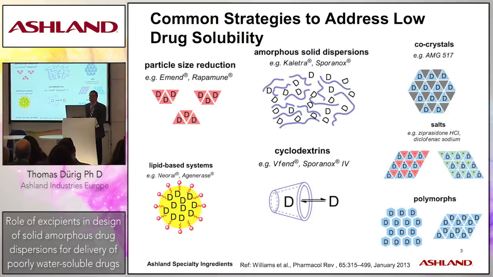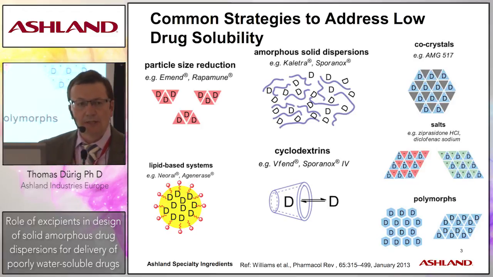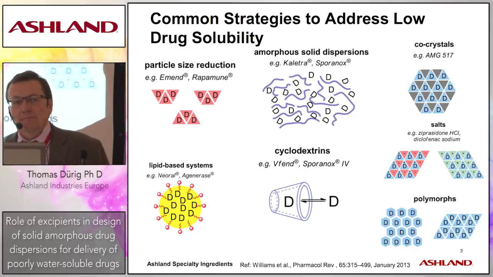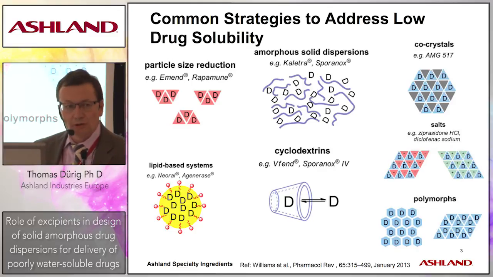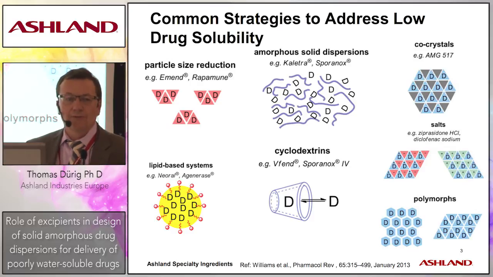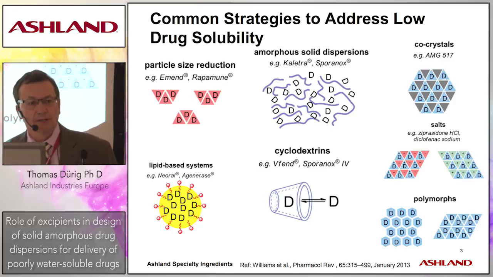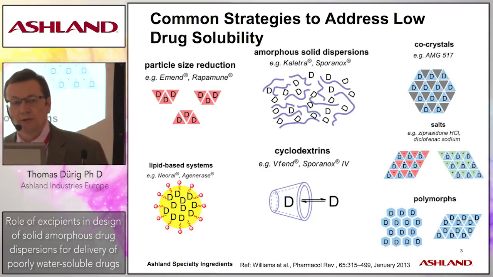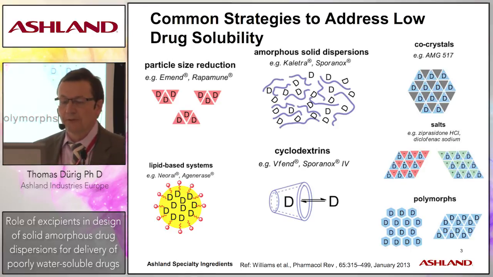So first off, just some general comments about low solubility and amorphous dispersions. Bringing a new molecule to commercialization today has become a lot more challenging for various reasons. And one of the main ones in terms of oral drug delivery is the large increase in the number of poorly soluble and poorly bioavailable compounds that we have to deal with.